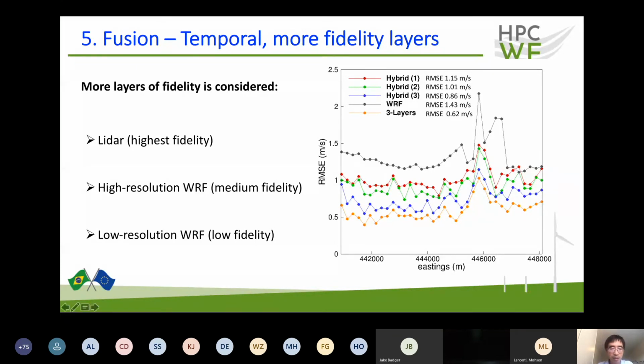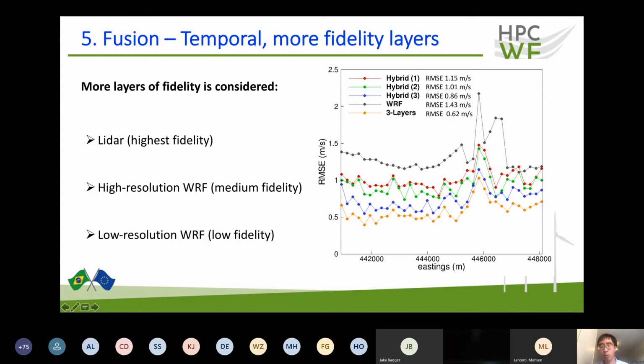So let's now consider this low resolution, or we add them into our algorithm. So now we consider 3 layers of fidelity. So now you can see that this result is actually even better than the first 3 methods, which only use 2 layers of fidelity.